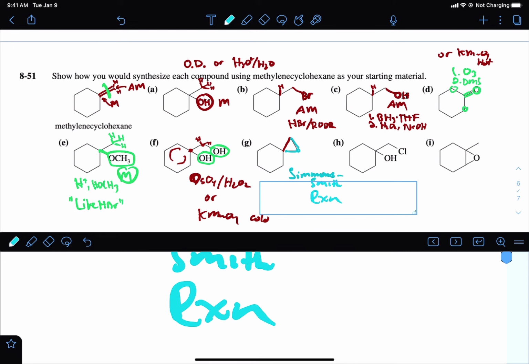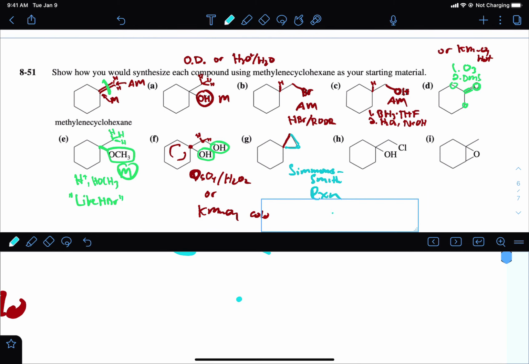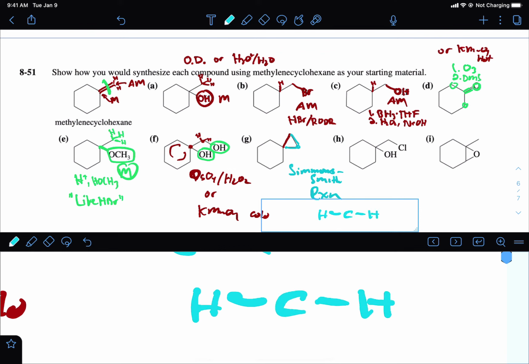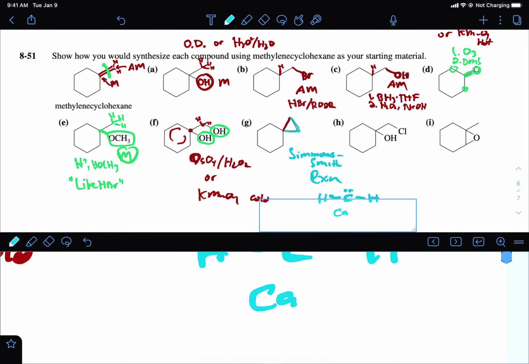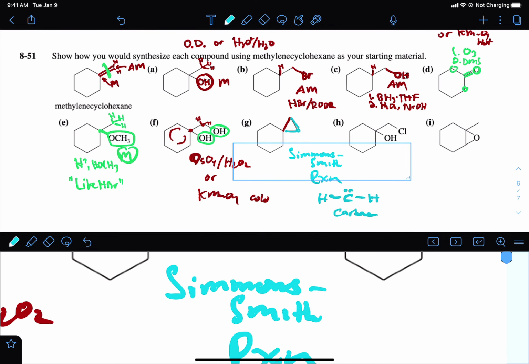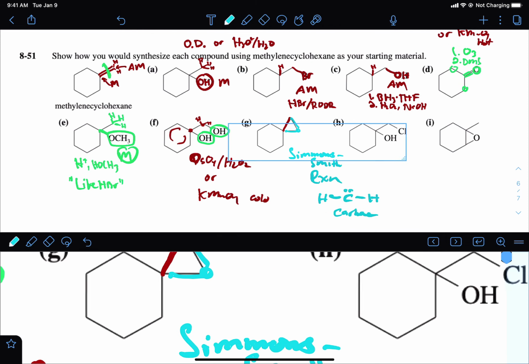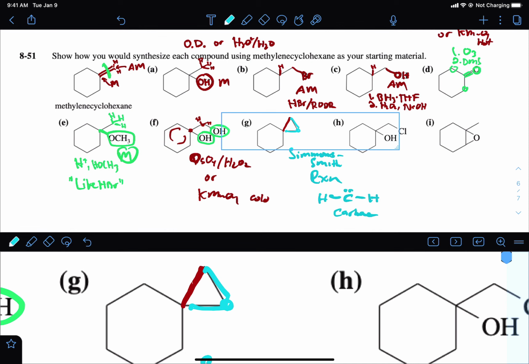It involves making one of these carbenes. It's a C with two H's and a lone pair. I'll let you look that up in the book because we haven't talked about it. It's not a very common reaction. It's just super specific. That's what it does. It makes a three-membered ring, a cyclopropane ring, from an alkene.